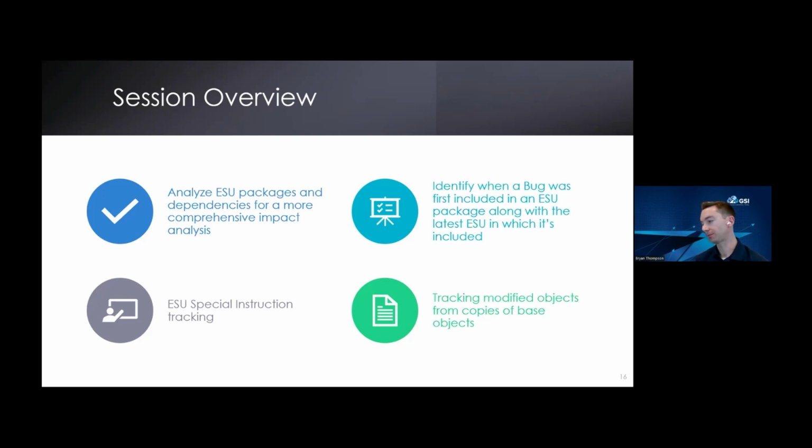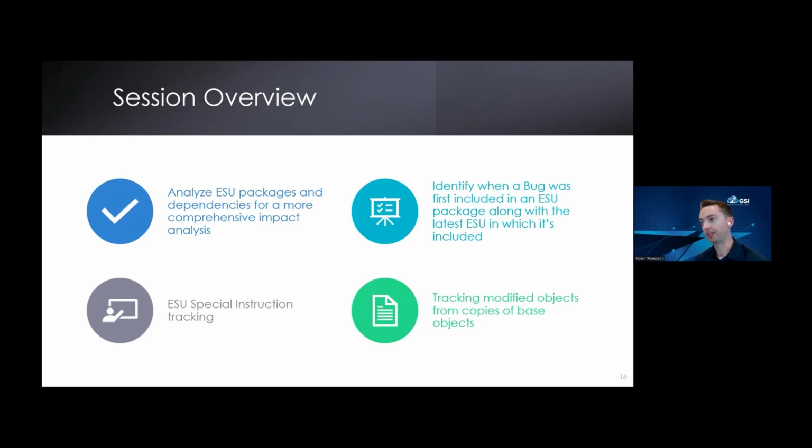So a brief overview, just kind of focusing on 4 topics of this. We're going to show some of the newer ESU analysis from a package and dependency standpoint. Really, you have the ability to do a more comprehensive impact analysis. If some of you are aware of what you had to do prior to this, you had to download the ESU, run the executable, then actually do the impact analysis from the deployment server.